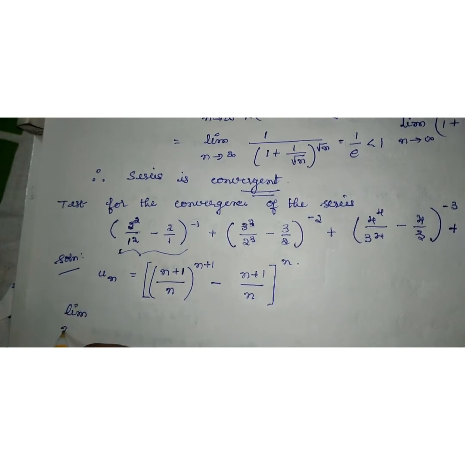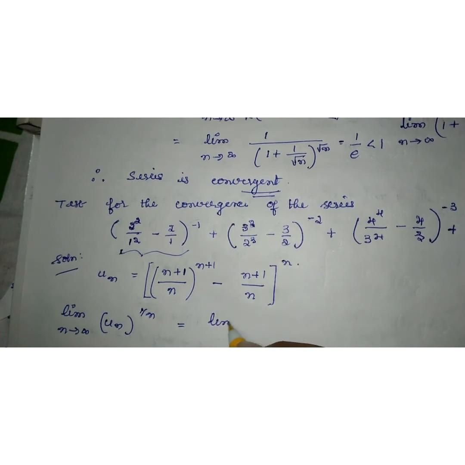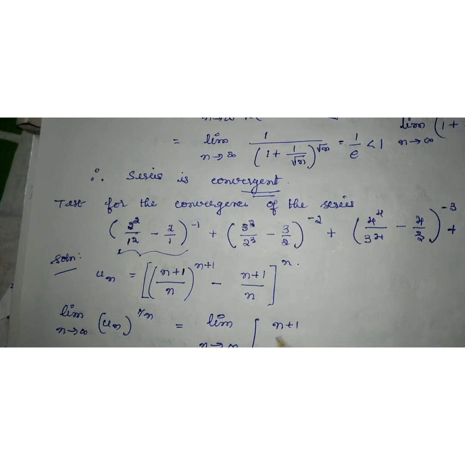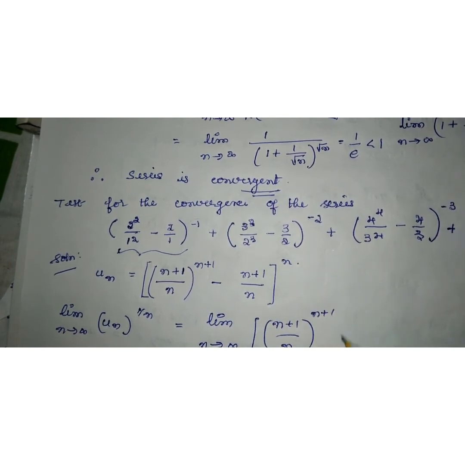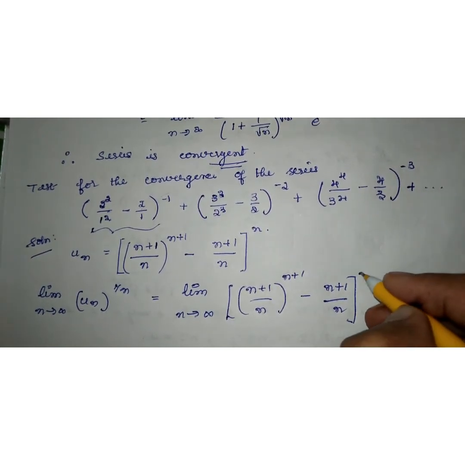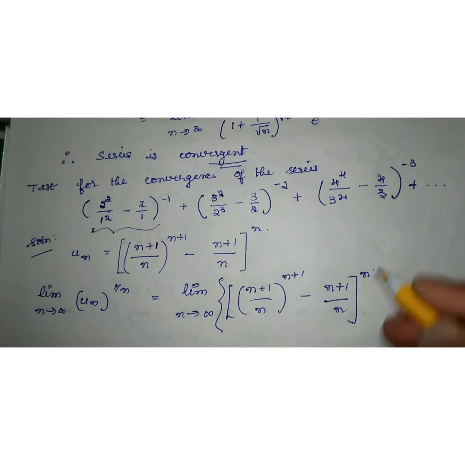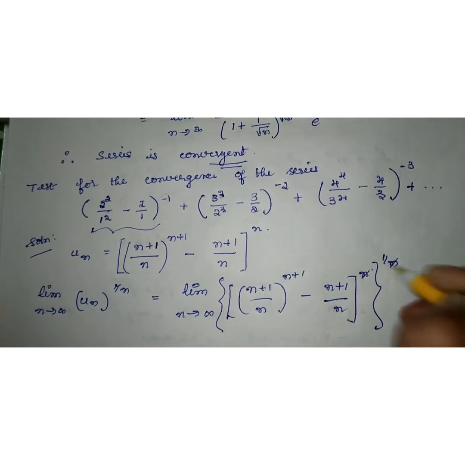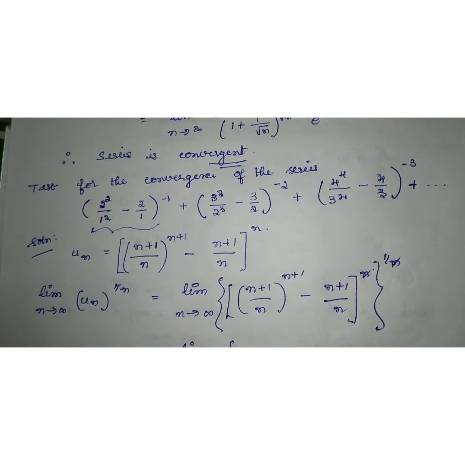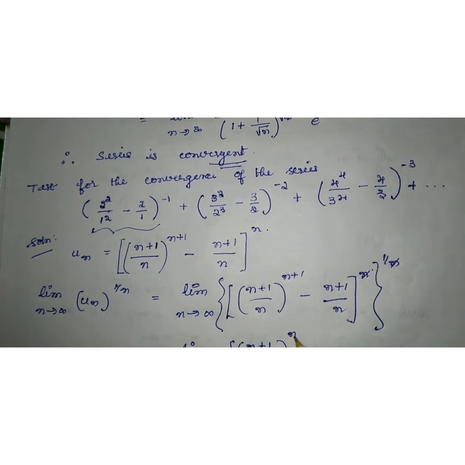So using the formula limit n tends to infinity un to the power 1 by n equal to limit n tends to infinity, un is here, ((n plus 1 by n) whole power n plus 1 minus (n plus 1 by n) whole power n) whole power 1 by n. So here n and 1 by n get cancelled, you have just limit n tends to infinity (n plus 1 by n) whole power n plus 1 minus (n plus 1 by n) whole power n.